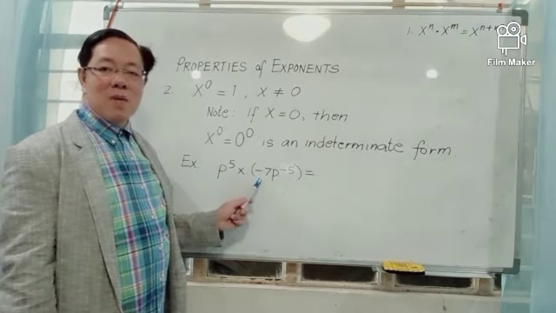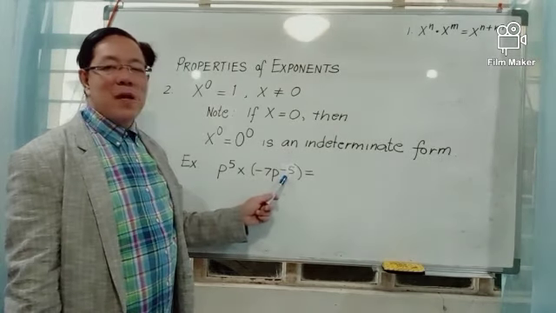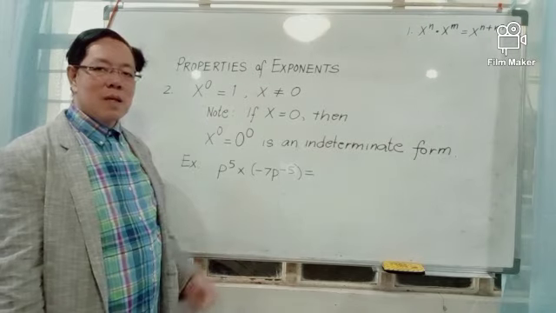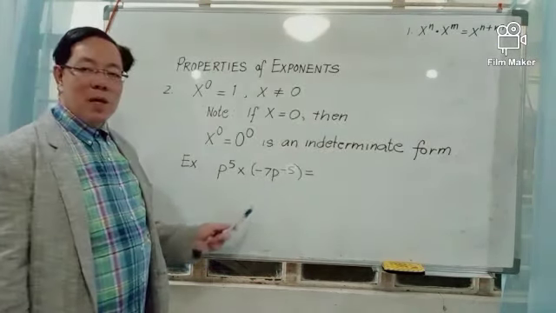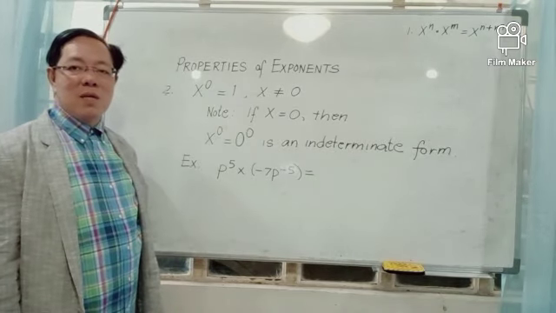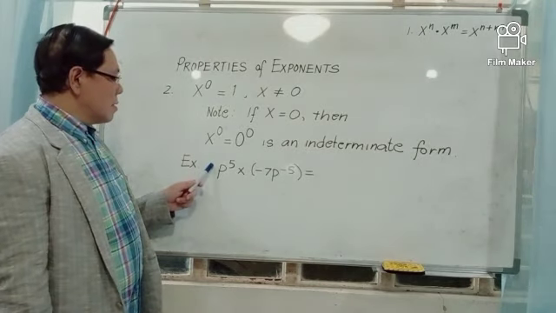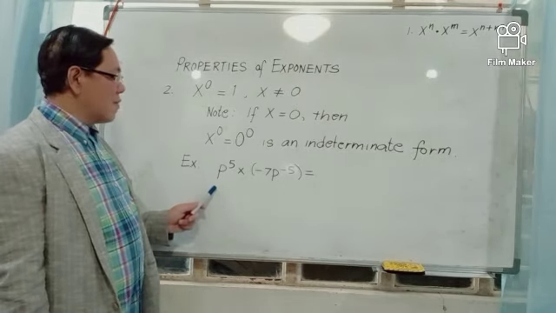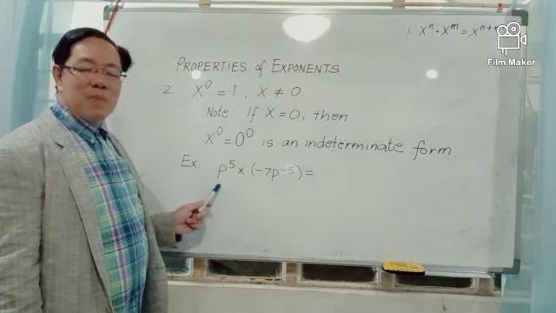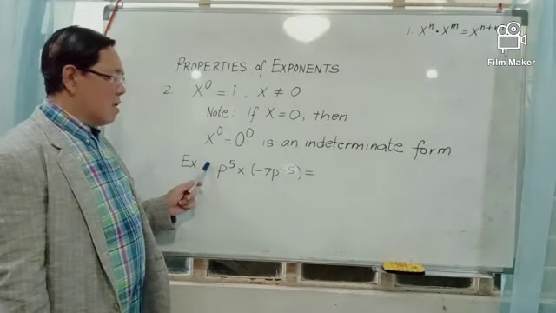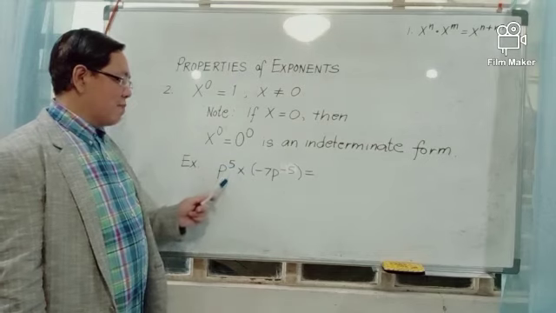Negative 7 is the numerical coefficient, p is the base, negative 5 is the exponent of p. Again, when you are multiplying monomials or exponents, you start with the numerical coefficients, multiply the numerical coefficients. The numerical coefficient of p raised to 5 is 1. There is no specific number in front of p, in the coefficient of p raised to 5.